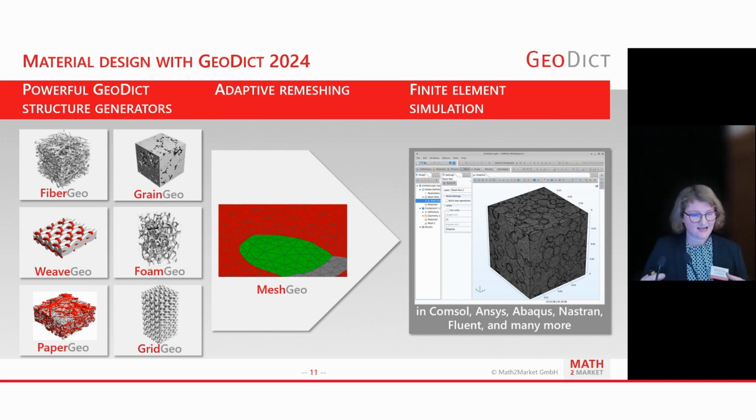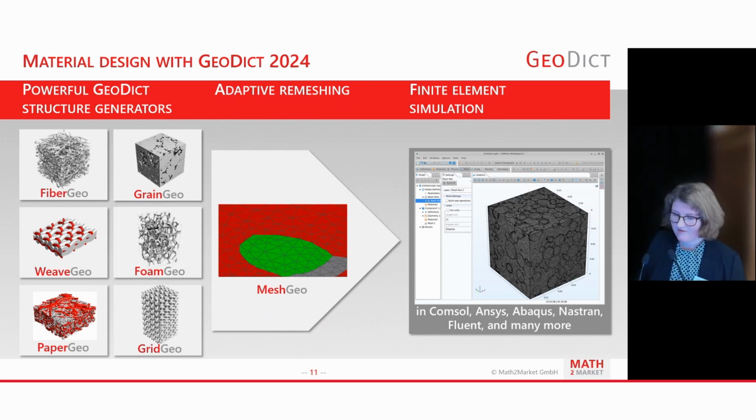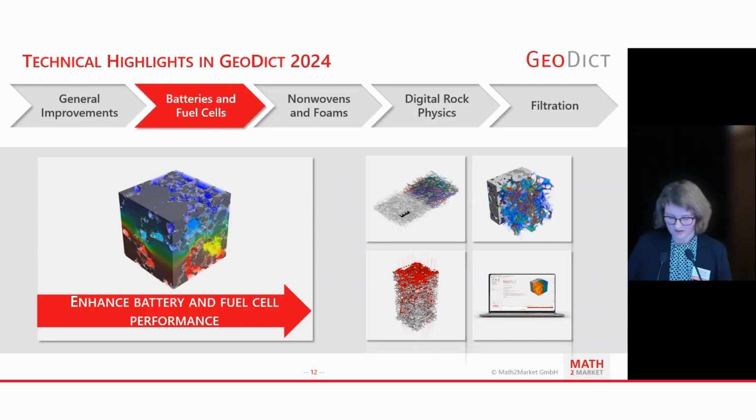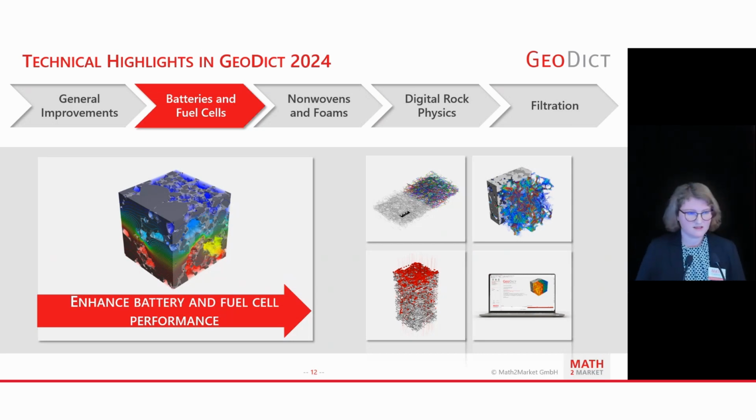That means that the size of the triangles is adjusted to the size of the feature which is meshed. And on the right, you can see a cathode geometry which has been meshed with 500,000 triangles and was exported to COMSOL.